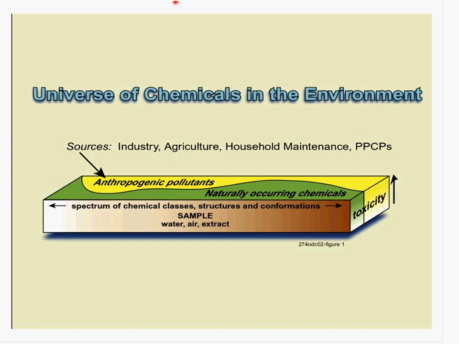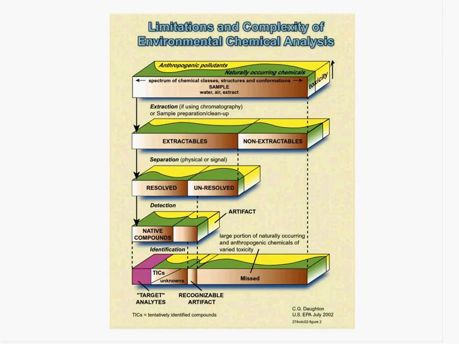The thing about this universe of chemicals is that it's often hard to analyze them on a chemical by chemical basis, or by actually targeting specific chemicals. If you follow this slide, you can see again this universe of chemicals. Not all chemicals are extractable, so consequently you may lose a fairly large chunk just because the chemical that you're after is not extractable into a matrix which allows you to measure it.